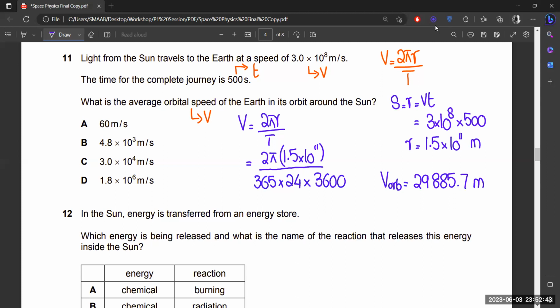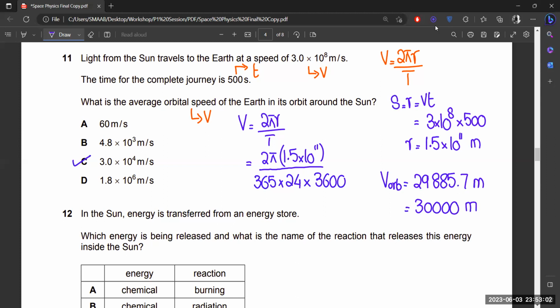But if we take the answer from the given options, we just need to round it off. By rounding it off, we will get 30000 meters per second, that means 3.0 exponent 4. So option C is the right choice.